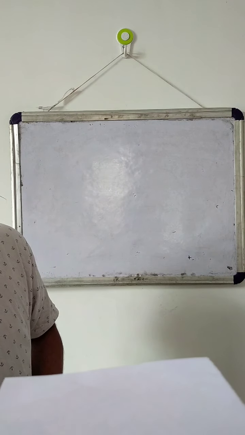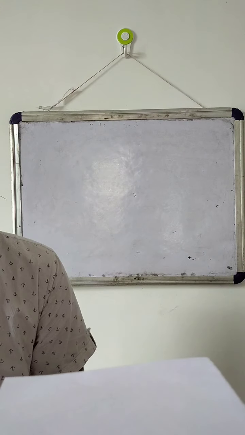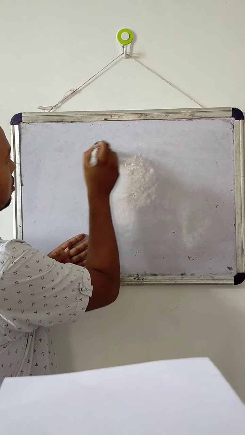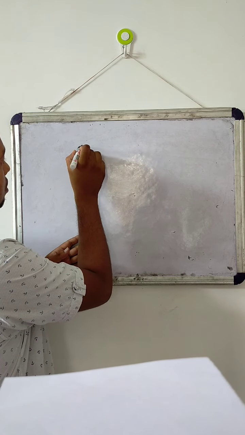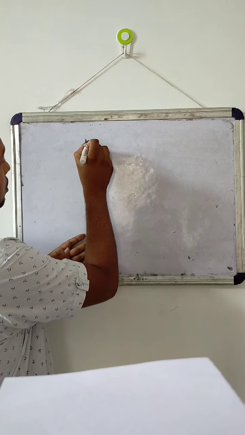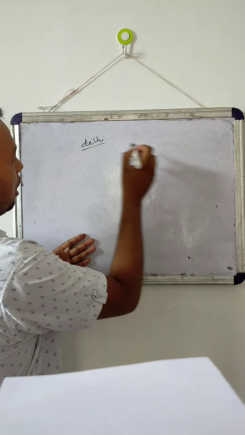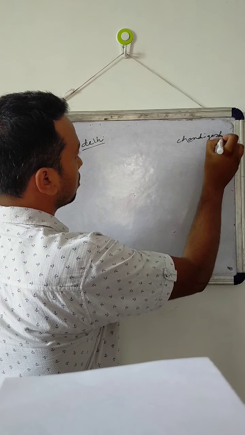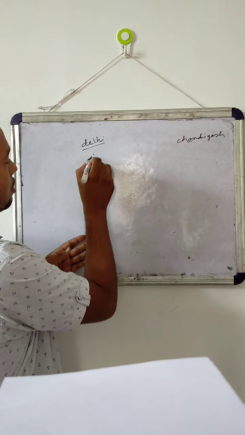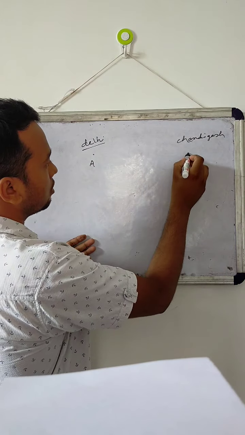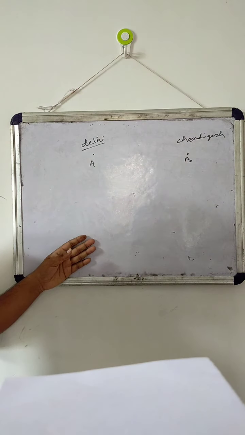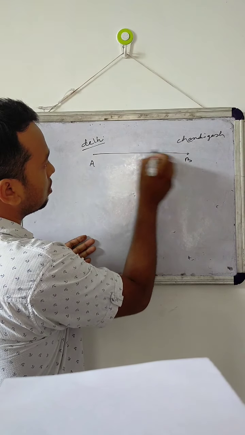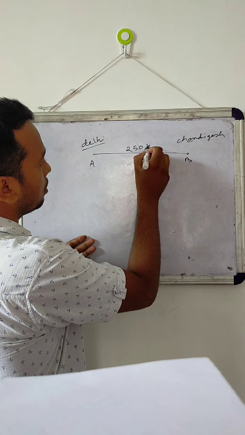Now we take an example. Suppose the distance between Delhi and Chandigarh, this is the position of Delhi and this is the position of Chandigarh, is 250 kilometers.